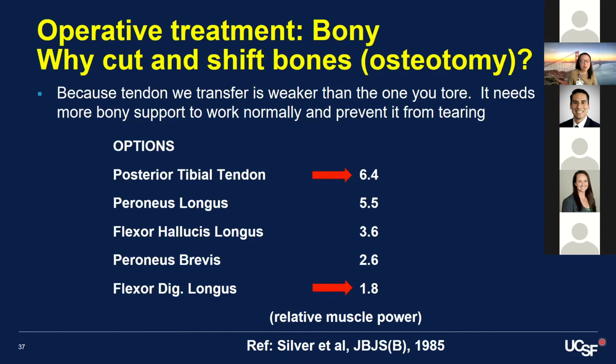So we're taking a much smaller tendon with much less power, and it's not going to be enough to function as your normal posterior tib. So because we're taking a smaller, weaker tendon, we do have to do some other work around your foot, that is the bony work, to really help this continue to work in the future.